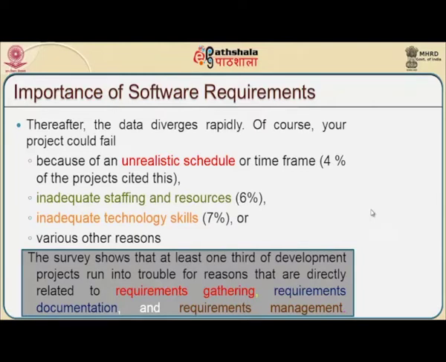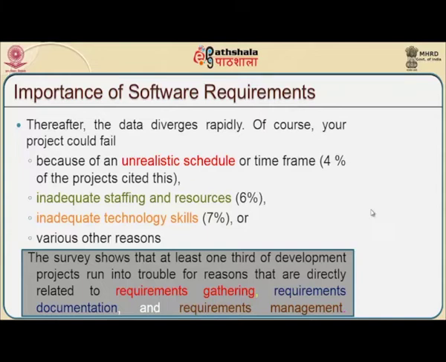Talking more about the importance of software requirements, thereafter the data diverges rapidly. Of course, your project also could fail. It is primarily because we were not able to accommodate major changes, because we were not able to respond to those changes, the project might fail.